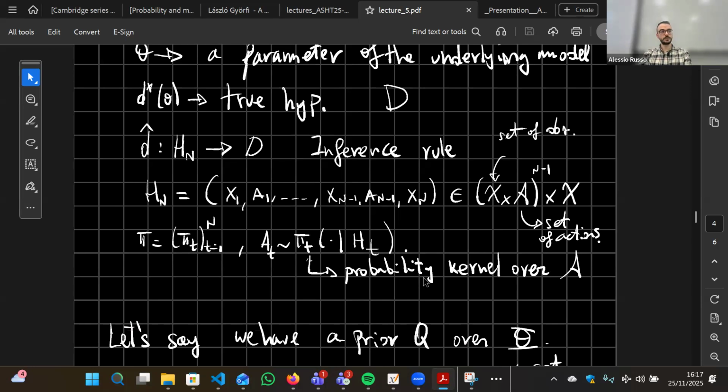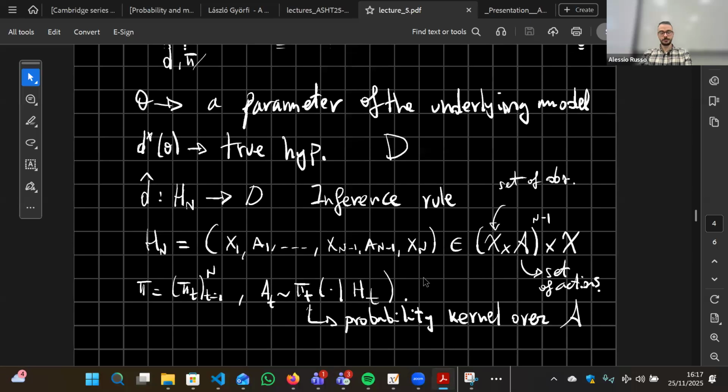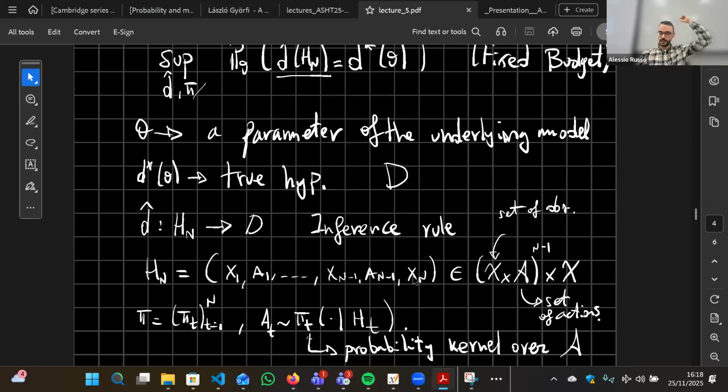Sorry, I missed the last part, but why is the last element x_n instead of a_n? The question is why the last element is x_n. In this model, we are modeling the interaction a bit differently. We assume that you have an initial observation, and then based on this observation, you select an action.